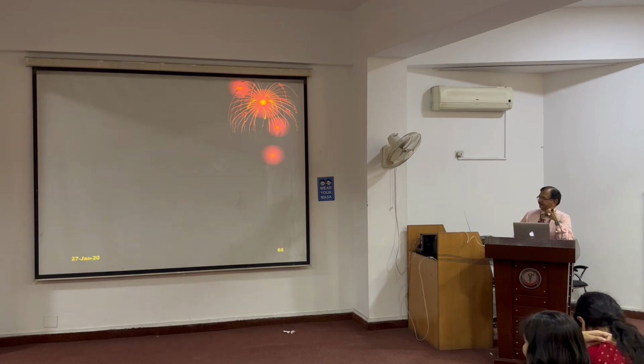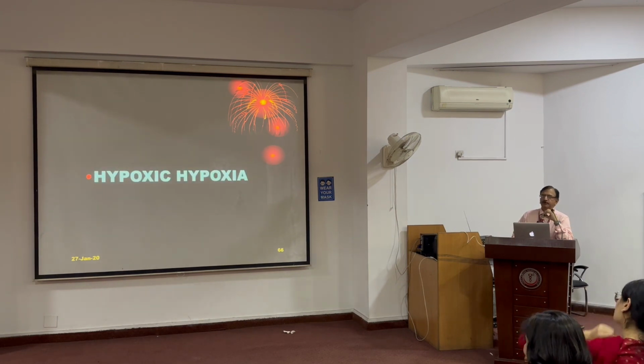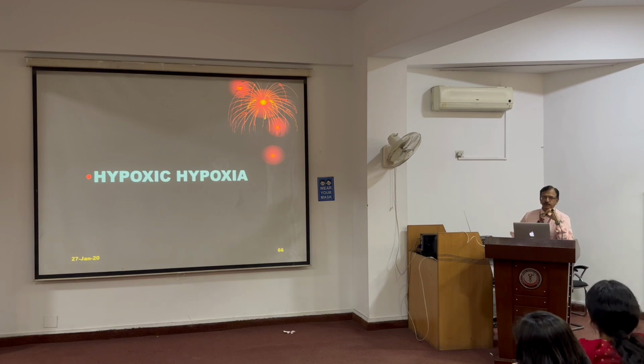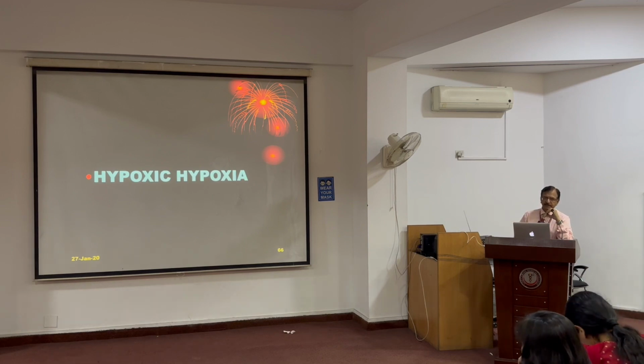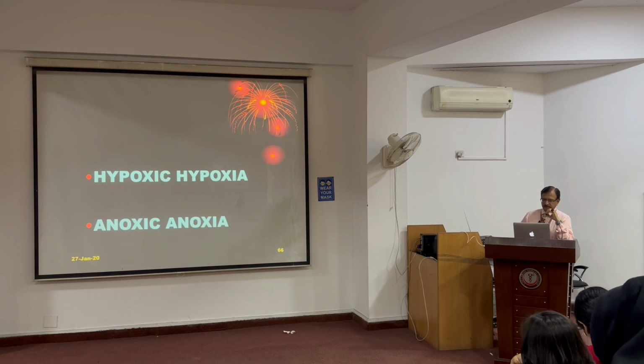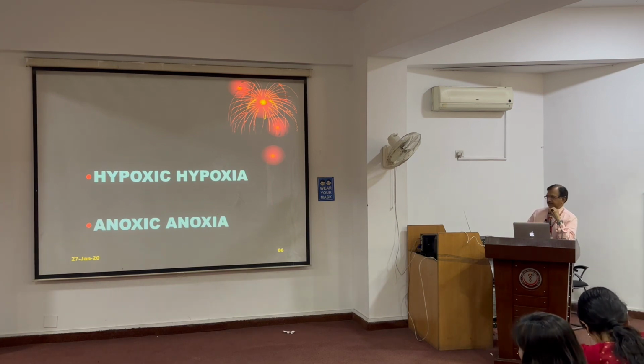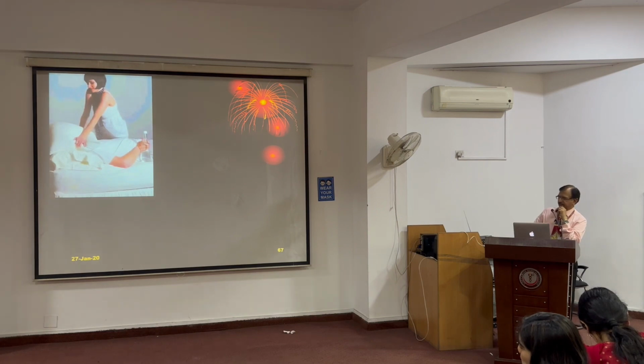The mechanism of death is either hypoxic hypoxia, that is the reduced entry of oxygen leading to hypoxia, or anoxic anoxia, complete blockage. So either it is hypoxic hypoxia or anoxic anoxia.